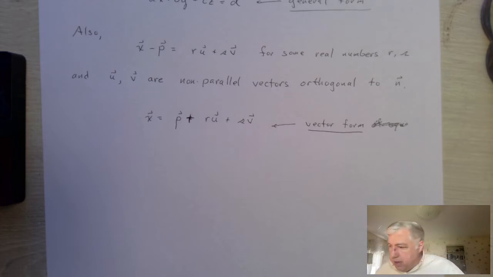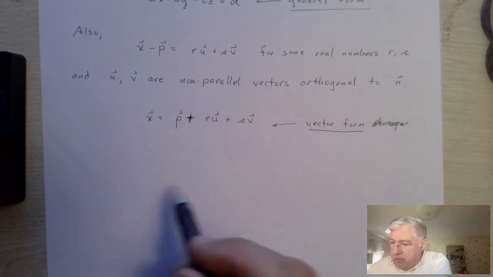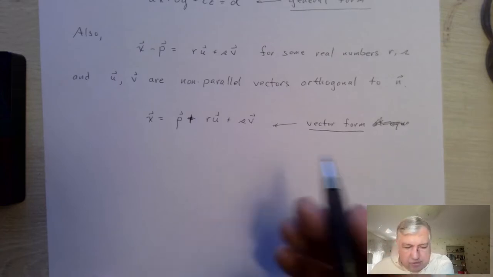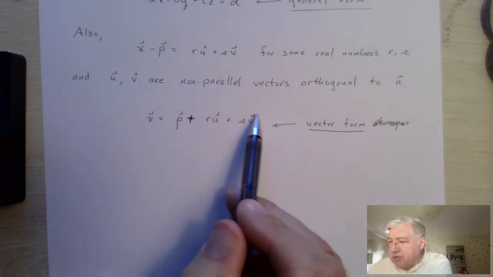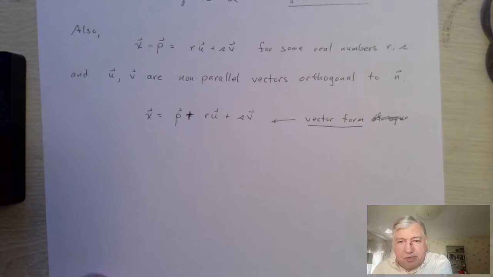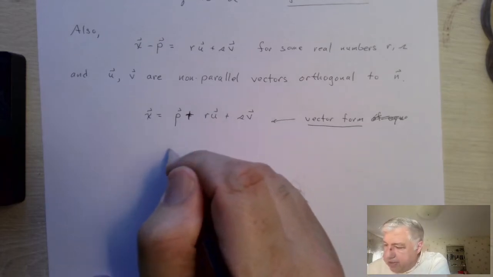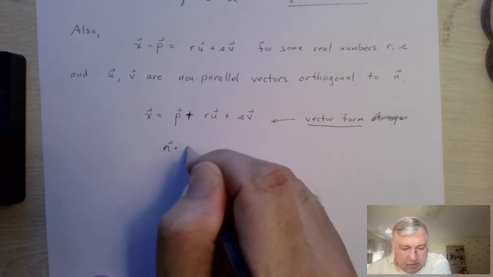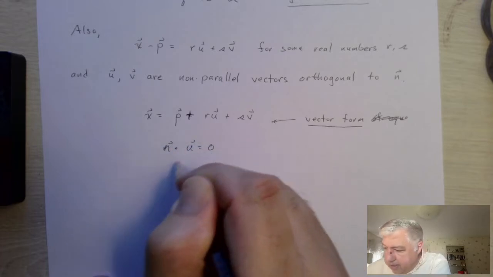And to find the normal vector, let's say we just want to start with this and ask, what's the equation of the plane? We just need the normal vector n to be orthogonal to u and v.